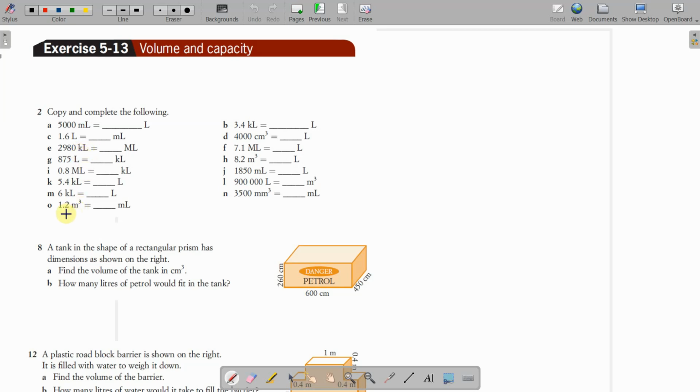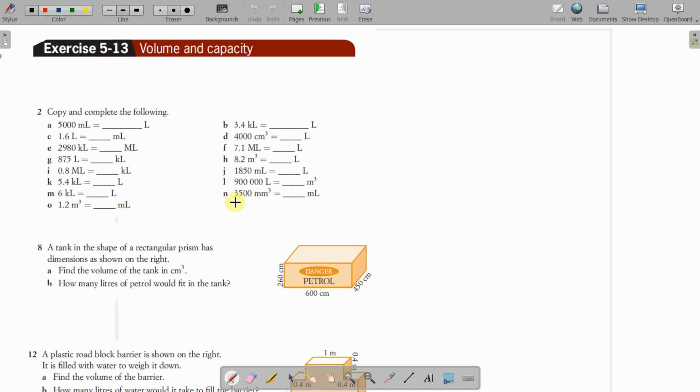Then the questions which have a mixture of volume and capacity: you need to change that to millilitres first, so there's 1,000 to get litres. That's litres, 1.2 times 1,000, and then times another 1,000 to get millilitres.